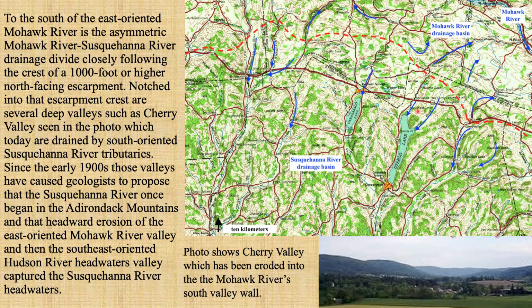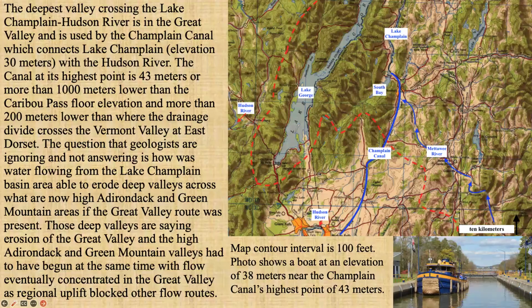But it's commonly suggested that the Susquehanna River may have originated in the Adirondack Mountains. So the suggestion that the Mohawk River Valley was eroded headward across southwest-oriented water is nothing new. It's been proposed before.